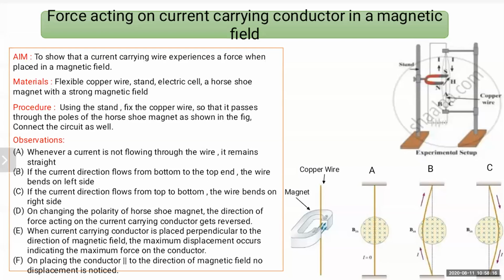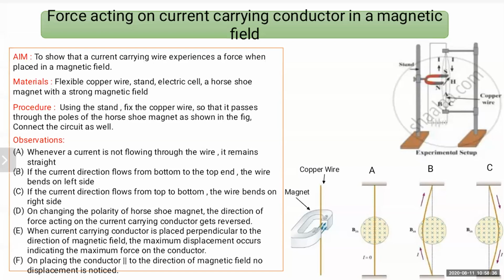The wire bends on the left side. So remember that when the current flows from top to bottom, the wire bends towards the left side.